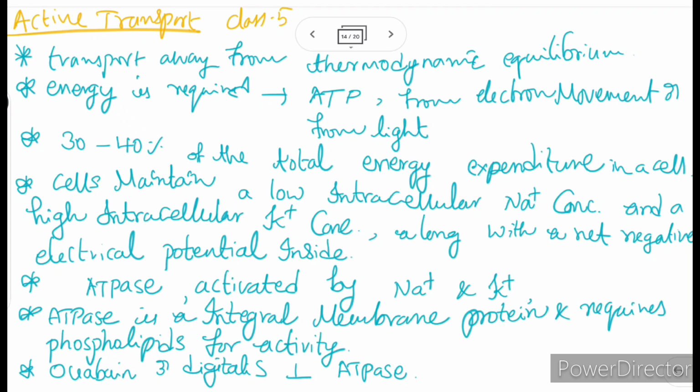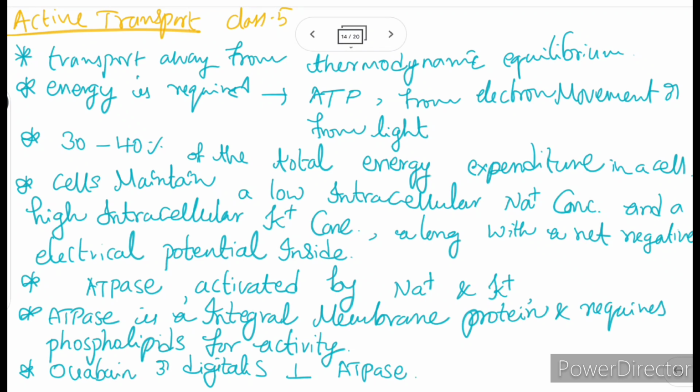This is along with the net negative electrical potential gradient, maintained by the ATPase activity. So through ATPase activity, one ATP moves 3 Na plus and 2 K plus.